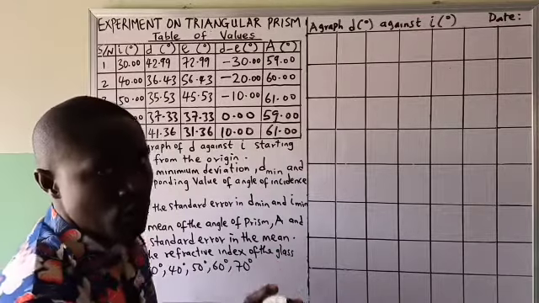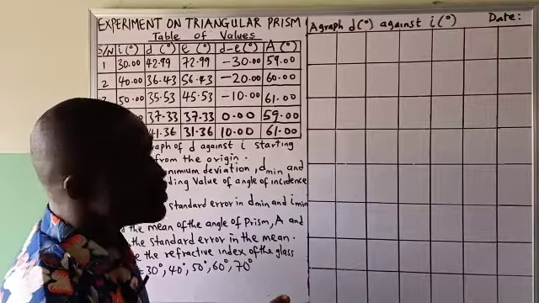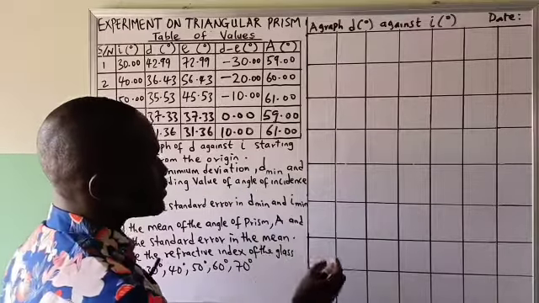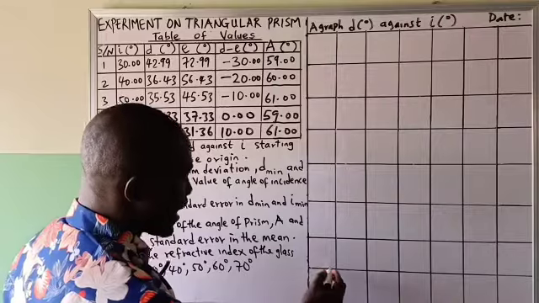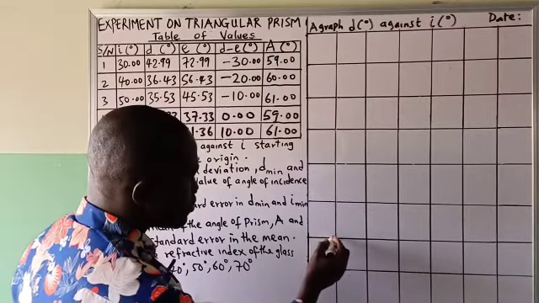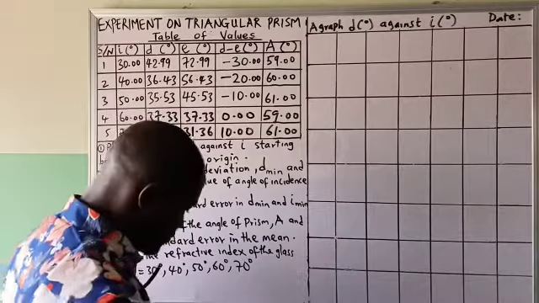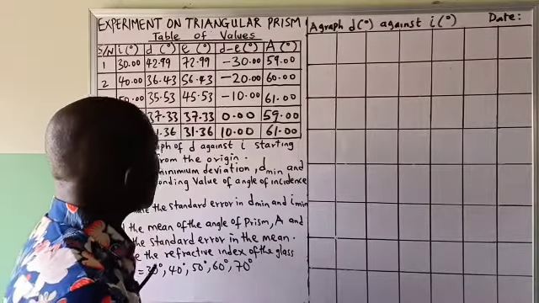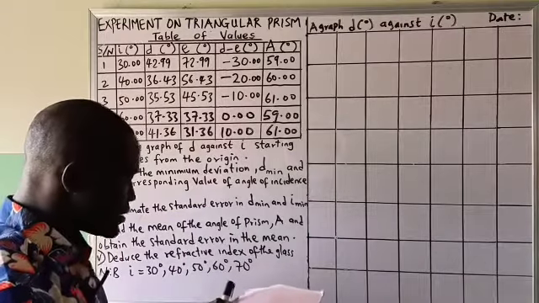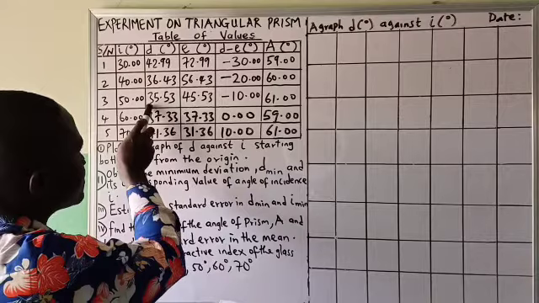So if I come here, let me put, instead of writing 0 here, because I know that here it started from 30 and here it started from 35.